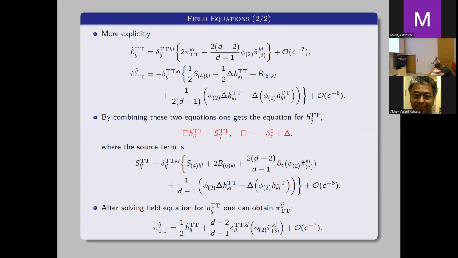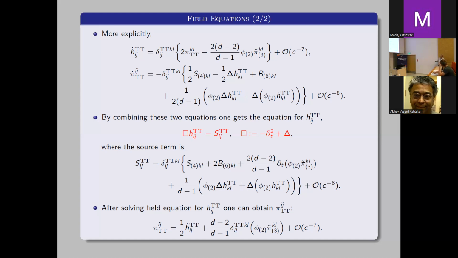But the source term is very complicated, and of course the leading order terms do not depend on the TT variables, but at some moment you have TT variables involved in them. So these are very complicated nonlinear equations, in fact. So the procedure is that you should first find hTT and then, solving the first equation again with respect to piTT, you obtain the field momentum, which is given by this formula.